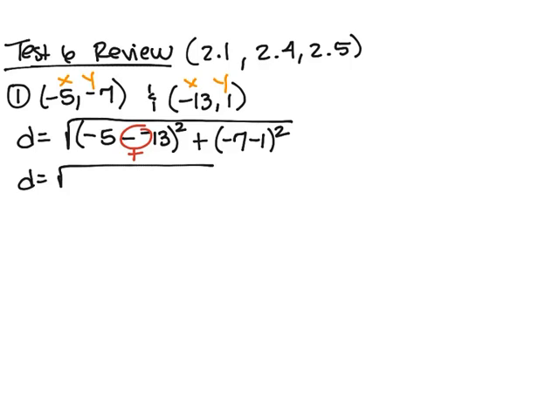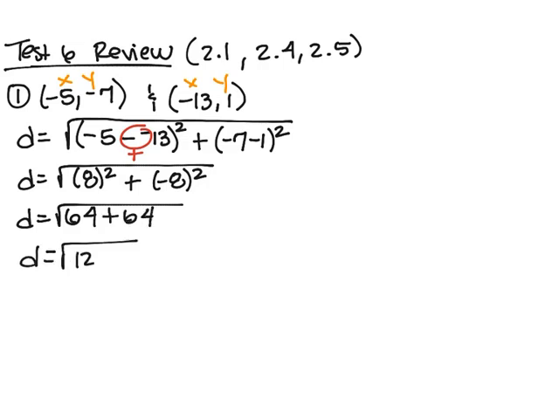So -5 plus 13 squared gives us 8 squared. And -7 minus 1 is a -8 squared. And so that's 64 plus 64, which will give you the square root of 128. Okay? Make sure you have your green table.